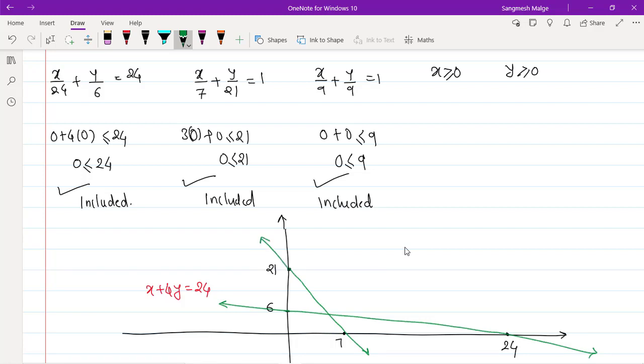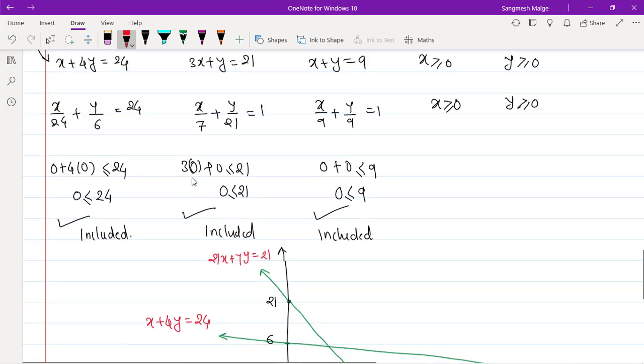Okay, the third line. First write down this equation, which is nothing but 21x plus 7y equals 21. So I hope it is clear.